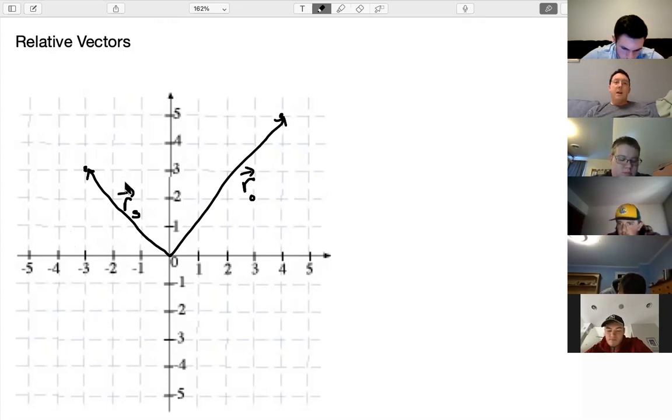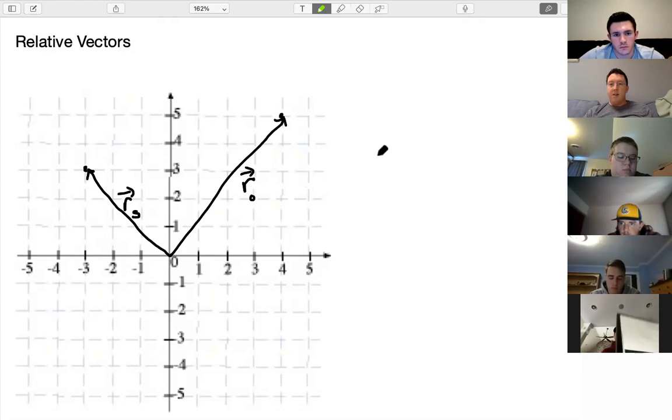We won't usually care about RS and RO separately. The most important vector is the vector from RS to RO.